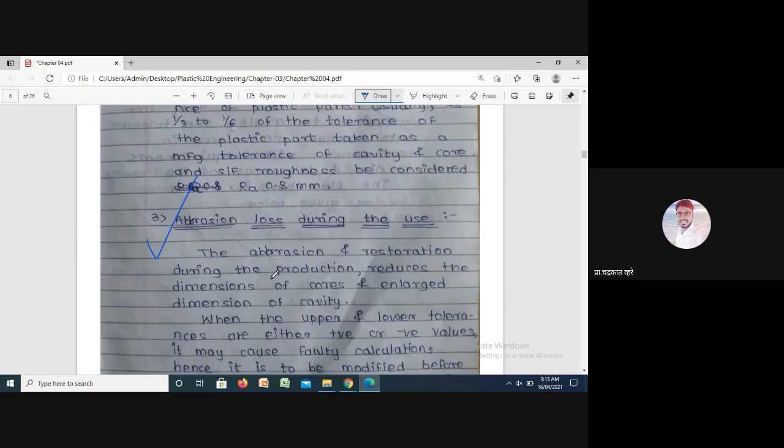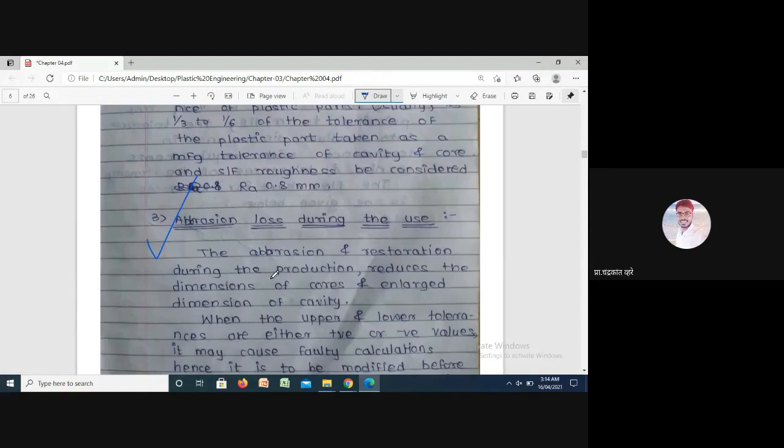As we know, take the example of metal dies, or you have seen the forging operation. In forging, due to the continuous use of the dies, the dies are getting worn. In such cases, we get over dimensions.